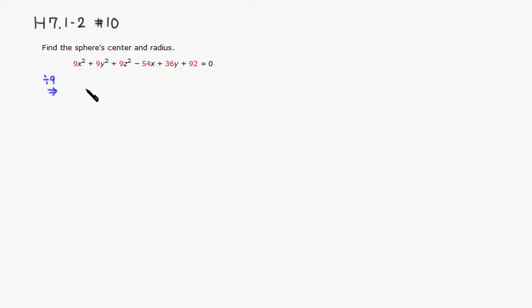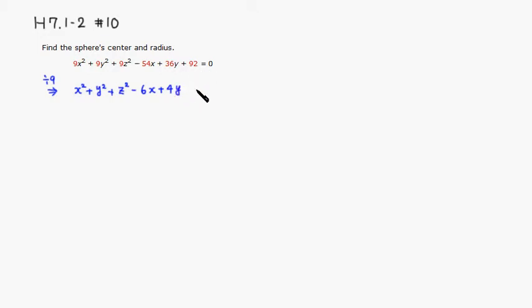That way we'll get x squared plus y squared plus z squared minus, so 54 divided by 9 would be 6x, plus 36 divided by 9 would be 4y.